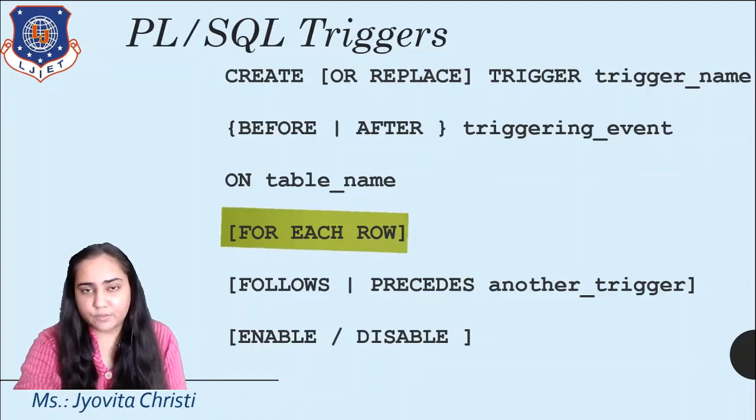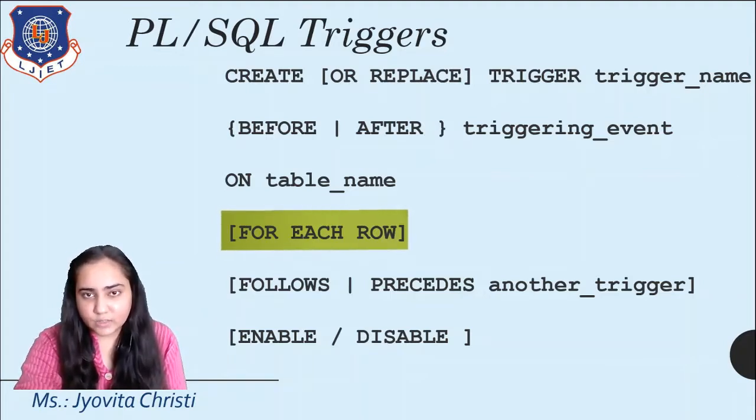So for example, if you're writing an update query, then we all know that update query is not going to affect each and every row of the table if you have specified some condition. For example, if I want to increase the salaries of all the people of a certain department, then only those rows where that department name occurs will get affected. So for each affected row, the trigger will execute.